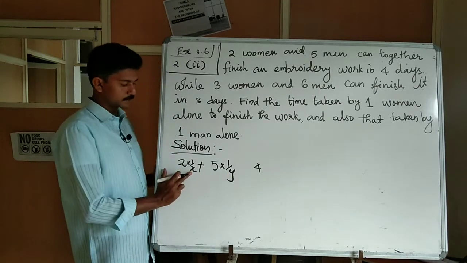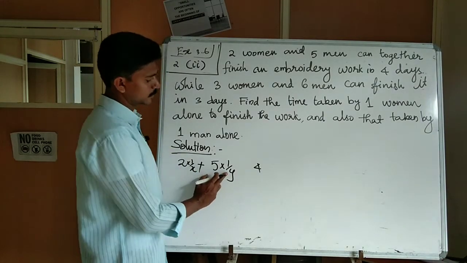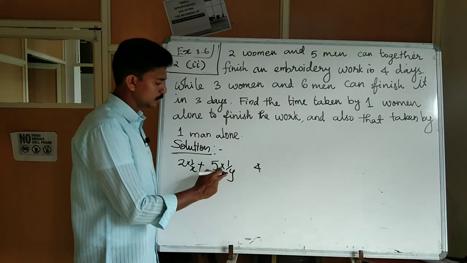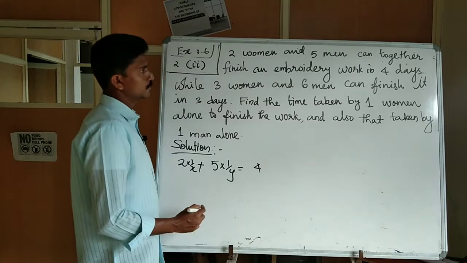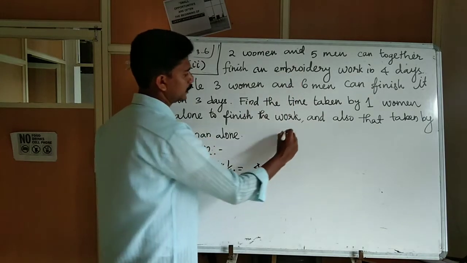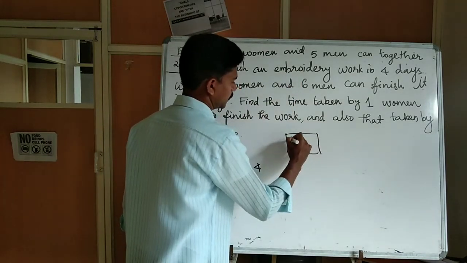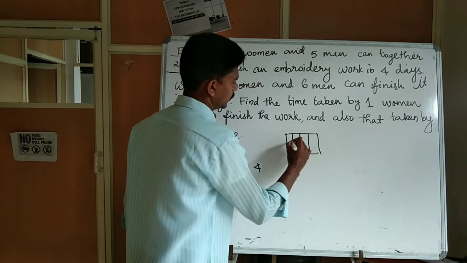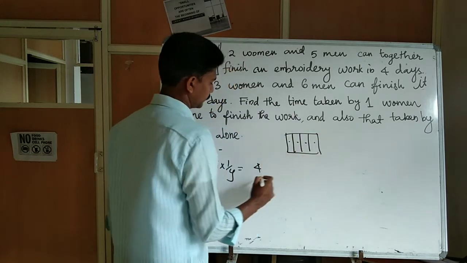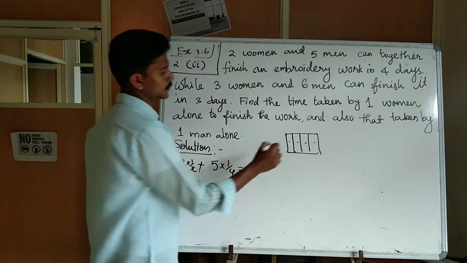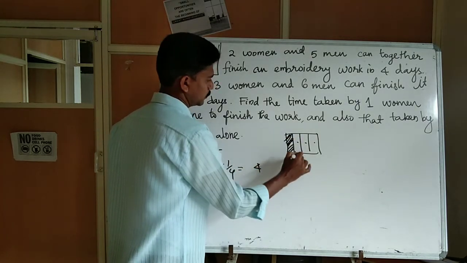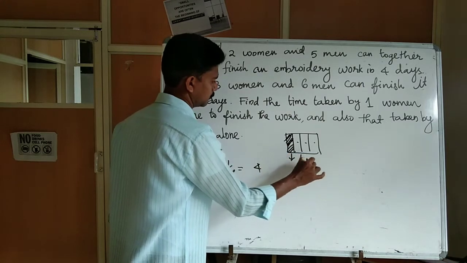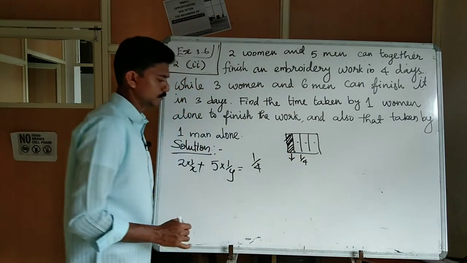So 2 into 1 by x plus 5 into 1 by y, because it is men, equal to, in the same way, 4 days. They are completing one work in 4 days. In 1 day, how much do they complete? They complete one part, and that one part we say is 1 by 4.